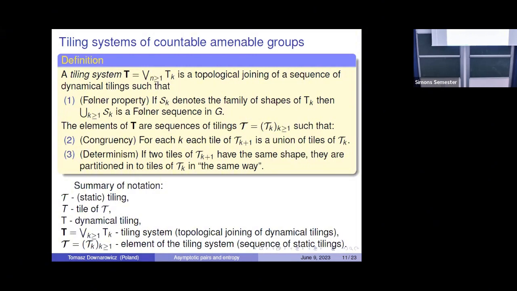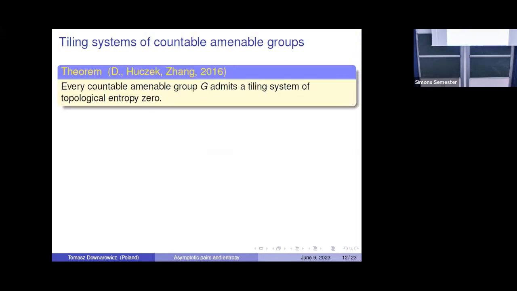And an element of this tiling system is this boldface tau, which is a sequence of taus, tau k. So sorry, there are so many taus, and I myself am getting lost in this notation. So I practically did this for myself as well. Okay, so here is a theorem which I proved with David Huczek and Guohua Chang some years ago.